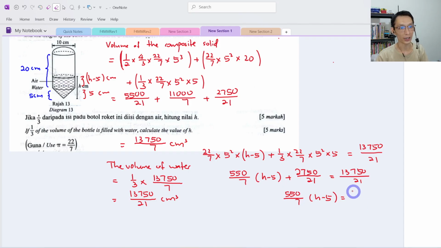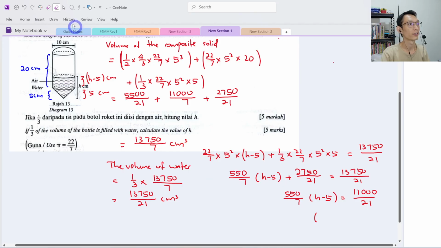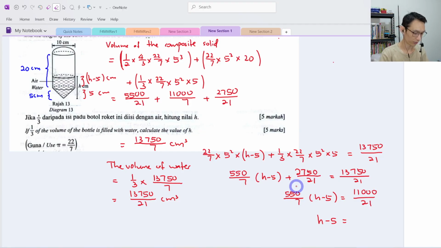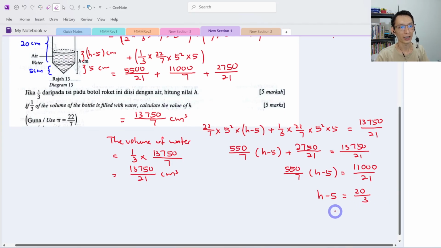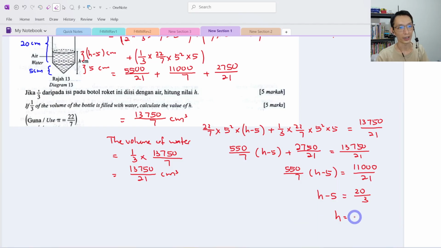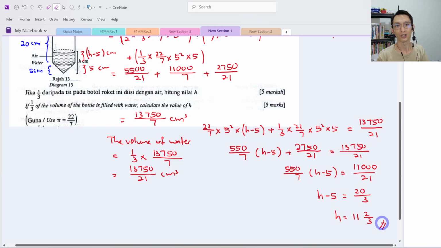Okay, so here you will get 11000 over 21. Okay, h minus 5 is equal to this divided by this. You will get 20 over 3. And last step, h is equal to this plus this. Okay, the answer, the value of h is 11 and 2 over 3. Okay, this is our answer, the value of h.